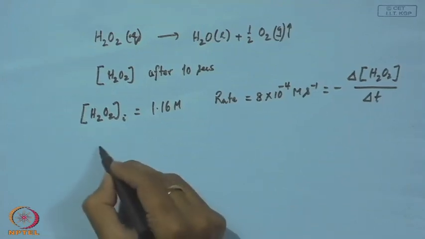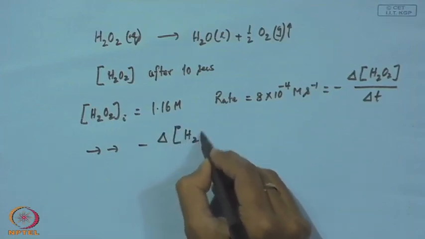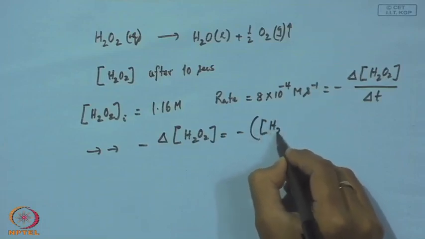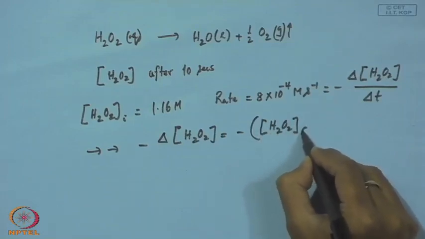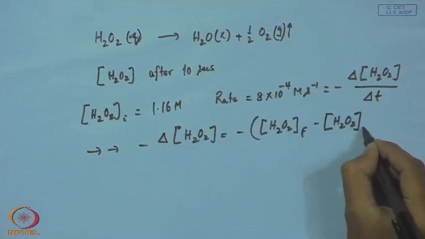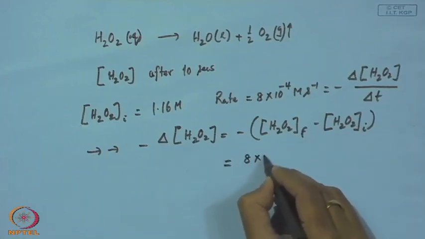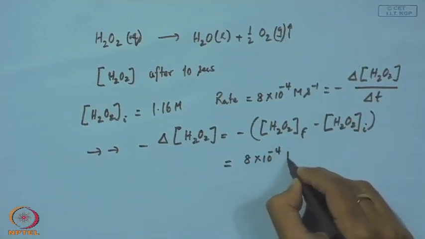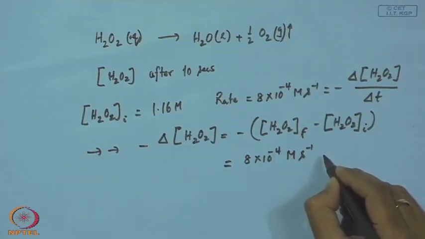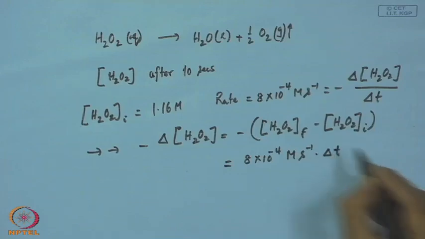So, we can write from this, minus of delta H2O2 is equal to minus of H2O2 final minus H2O2 initial, which is equal to 8 × 10^-4 mole second inverse into delta t.